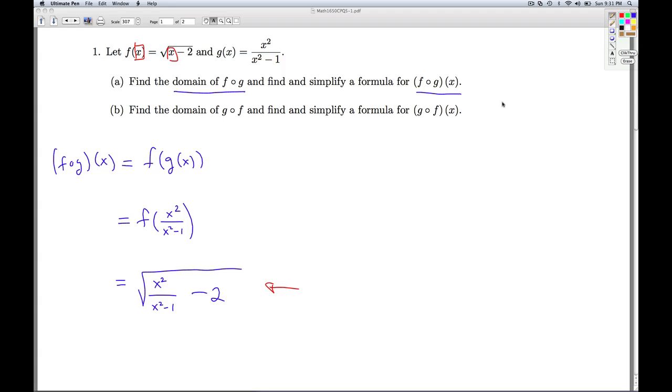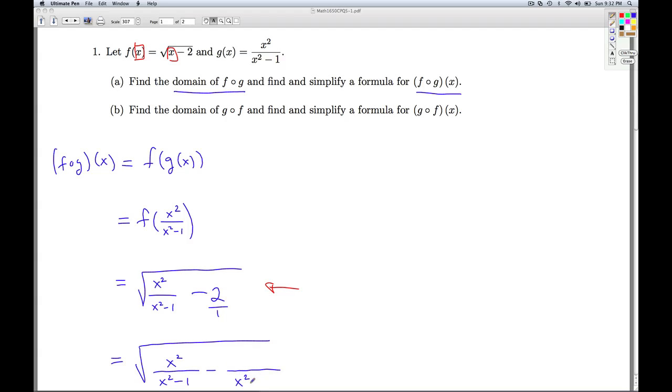But let's go ahead and simplify the expression. So I can get a common denominator there underneath the radical. I can think of this 2 as a 2 over 1. So the common denominator is going to be x squared minus 1. So the first term already has that common denominator. What do I need to multiply 1 by to get the common denominator?